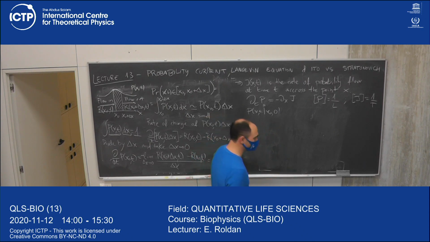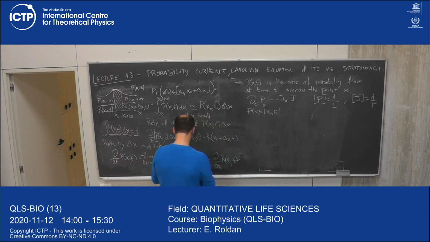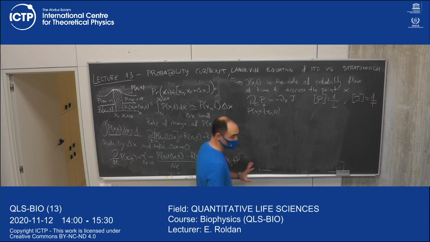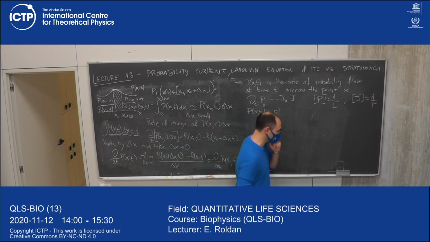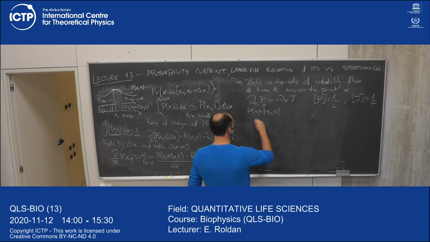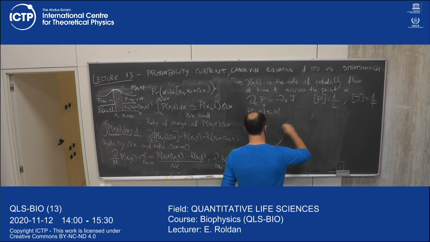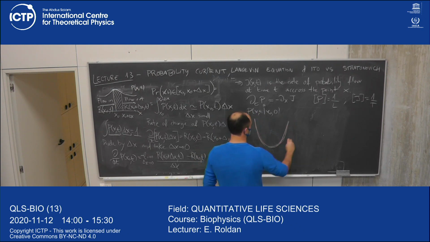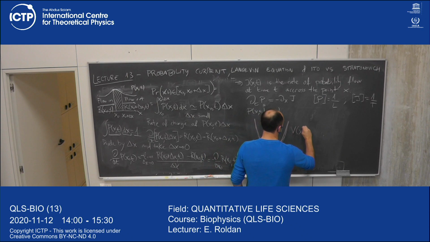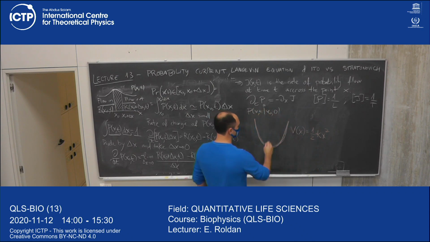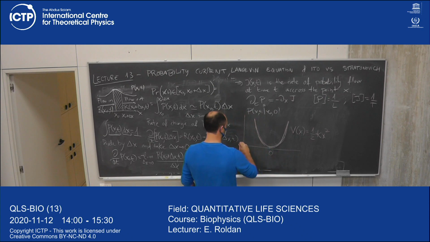Wait. Let me give you an example, and I think this will be clarifying for you. This will be related to what I will explain in the next part of the lecture. Imagine you have a potential. It's a parabola, a parabolic potential, V of x equals 1/2 kappa x squared. The potential at x0 is 0.